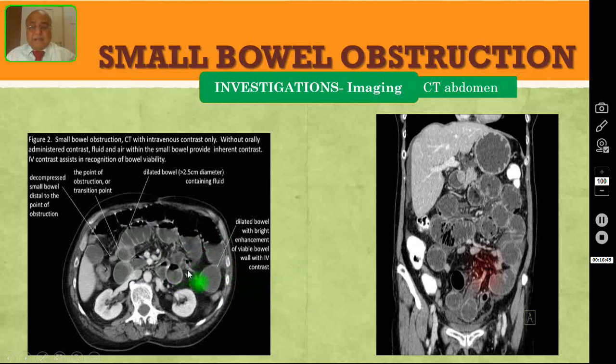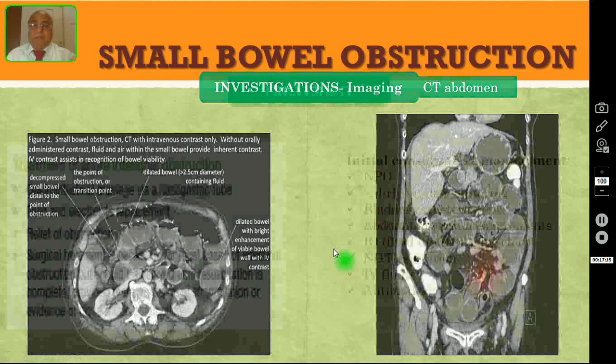This is a cross-sectional view. This is a coronal view. Here also you can see the bowel wall, and the bowel wall is okay. The enhancement you are seeing, so here also the bowel is viable. Suppose you are not seeing this enhancement, then you can say the bowel is non-viable.